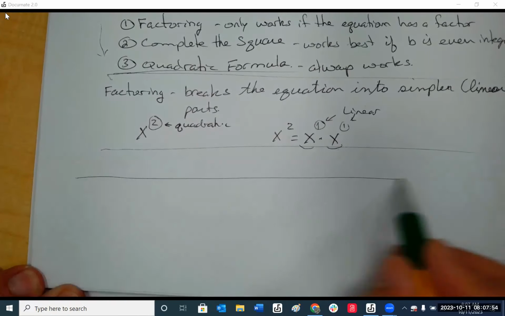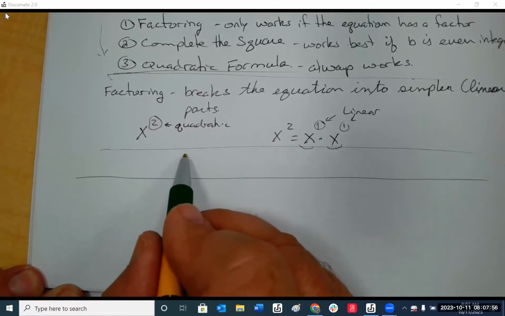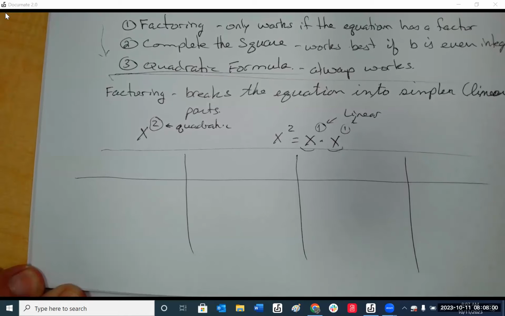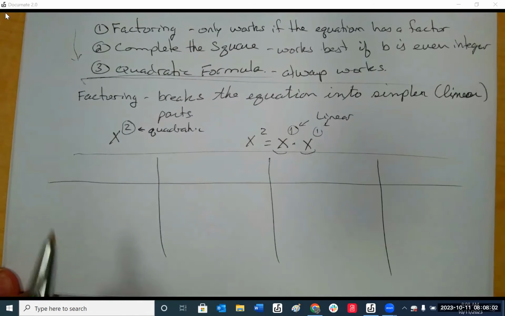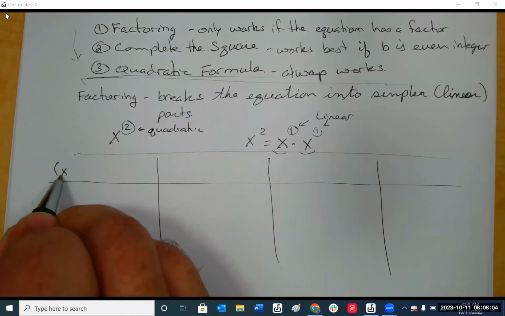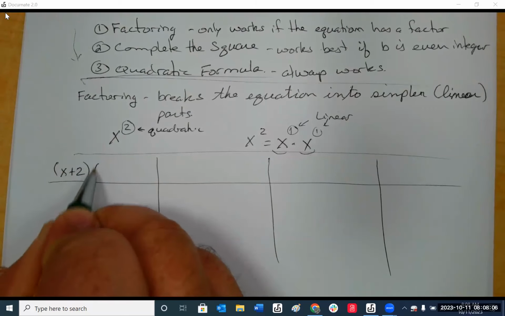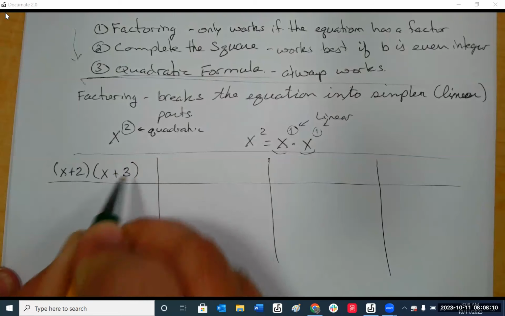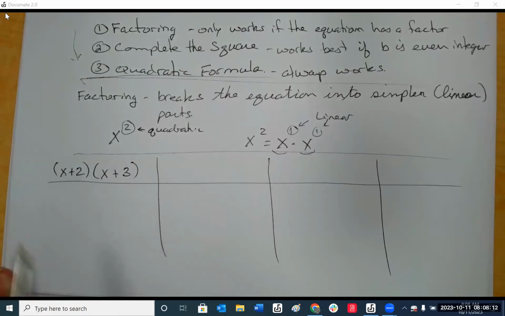So the easiest way to look at these, let's start with the answer and work backwards. I'm going to give you 2 linear equations, 2 binomials. These are called binomials because they have 2 terms.